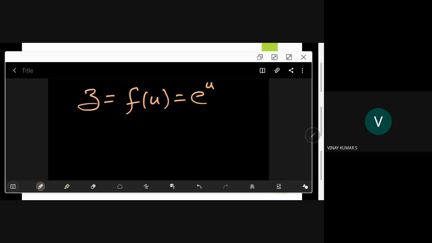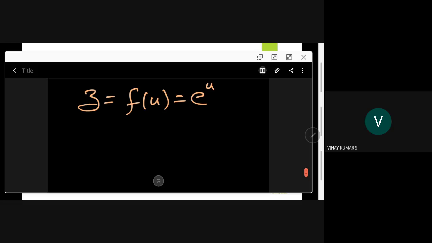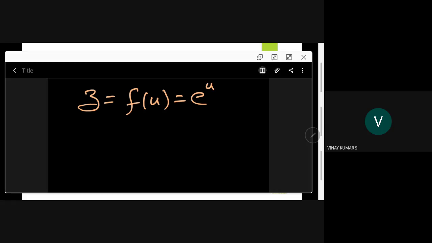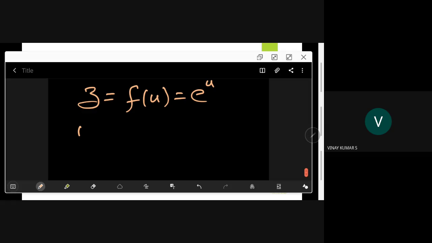And u is psi of xy, so we write u is equal to psi of xy according to that notation. Say I write this as sin x plus y.